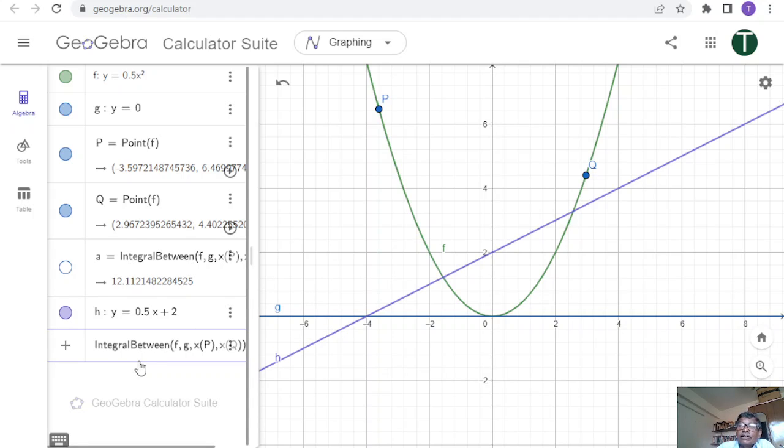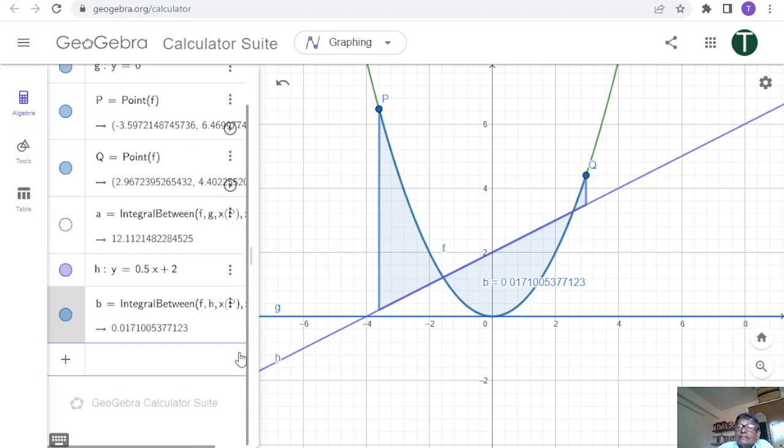Now, I want to find the integral between f, and not with g, but with h, that is the straight line. I write h. And then I want to integrate from the x coordinate of point P to the x coordinate of point Q, so xp to xq I will do. Let us see what it does.